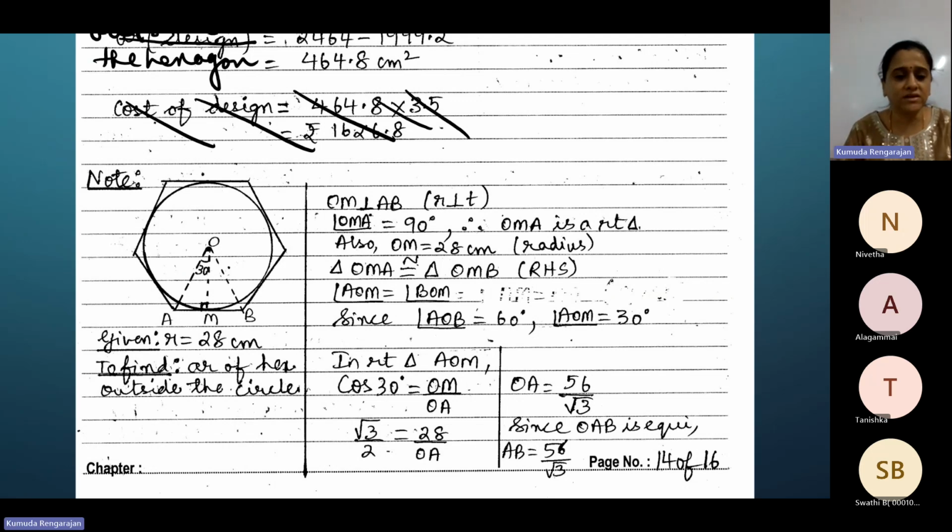Find the area of the hexagon outside the circle. Please work and then we'll discuss.